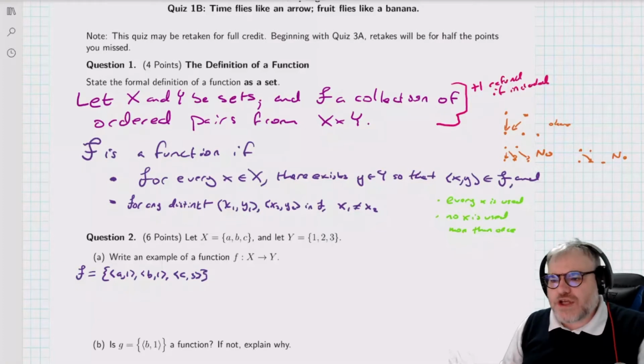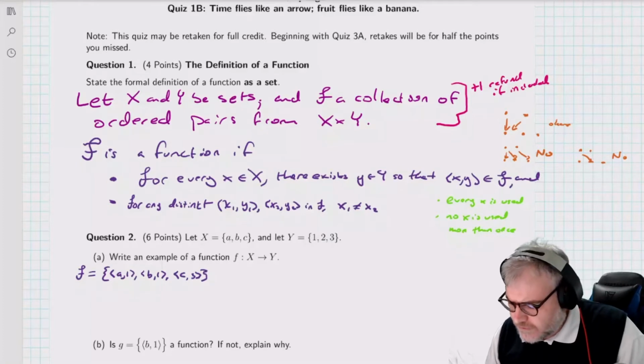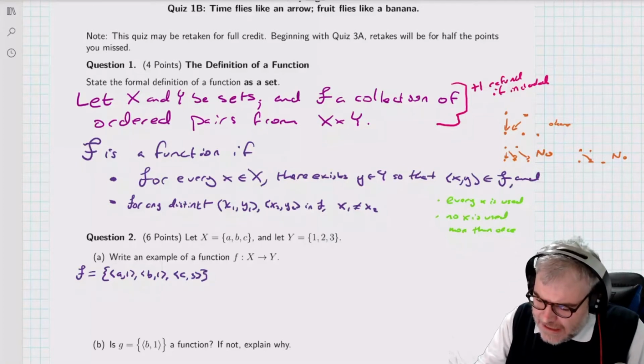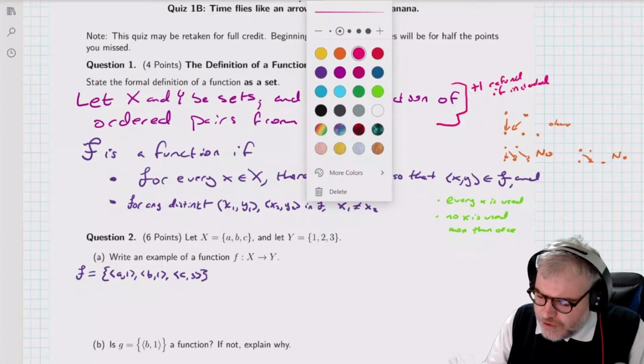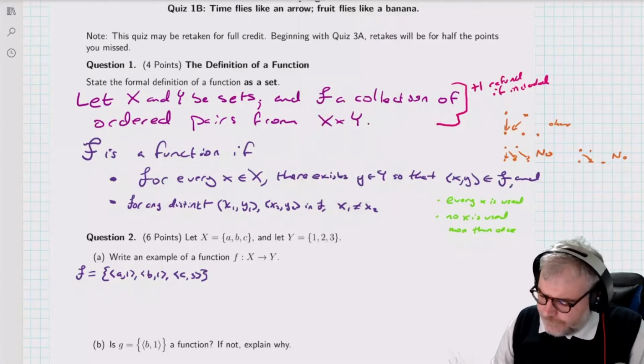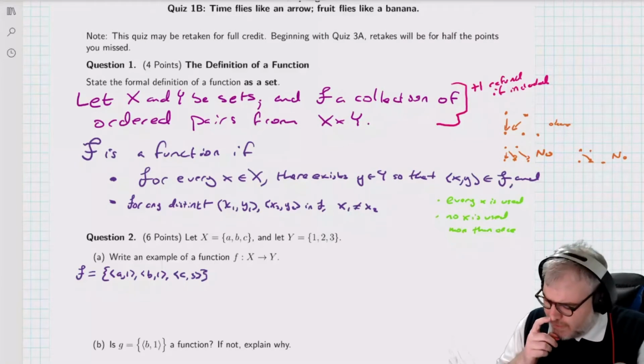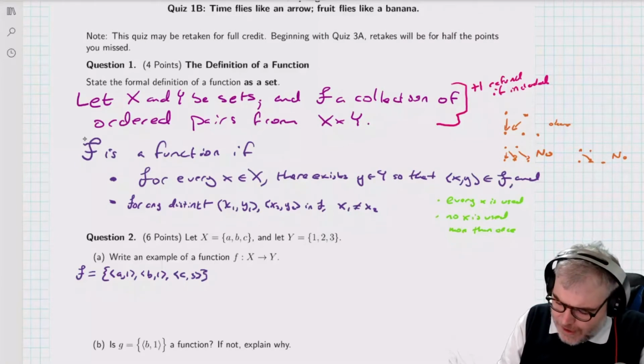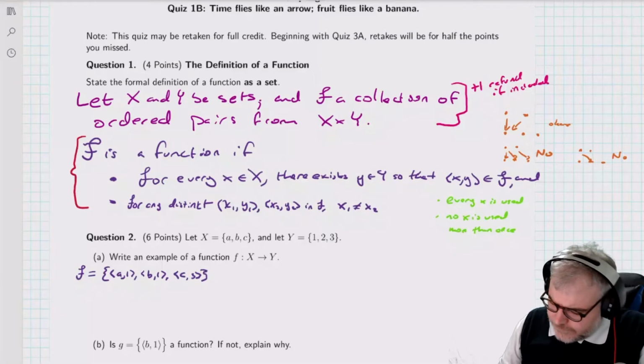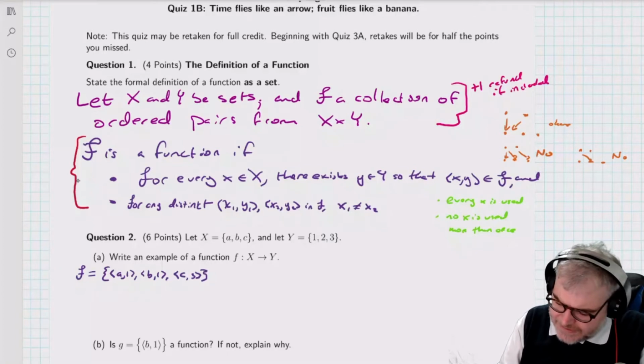So you didn't have to do it. But if you did it, and then you miss something below, you get a point back. This stuff here is required. It's 4 points, so it's going to be 2 points for this and 2 points for this.